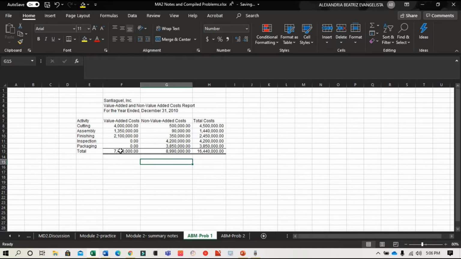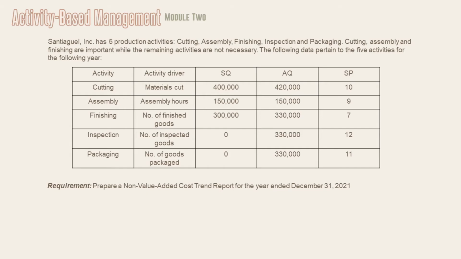And the total value added cost for Santiago Incorporation is 7,450,000. Its non-value added cost is 8,990,000 and its total cost is 16,444,000.